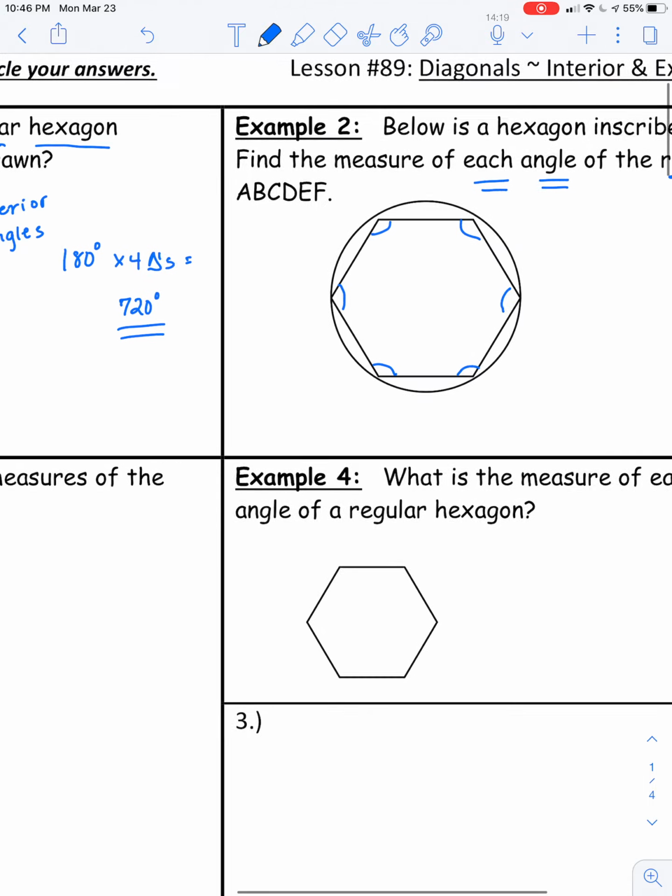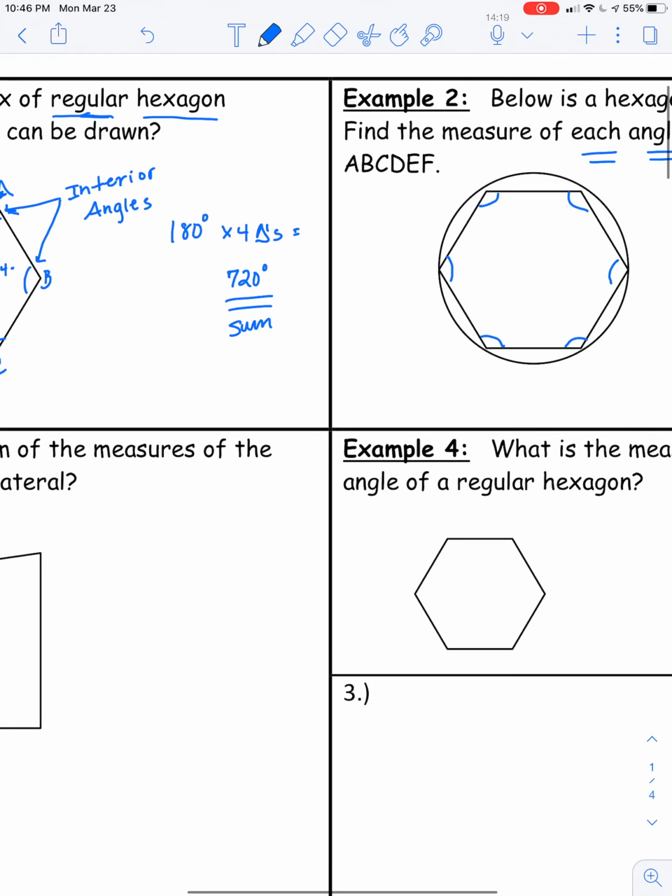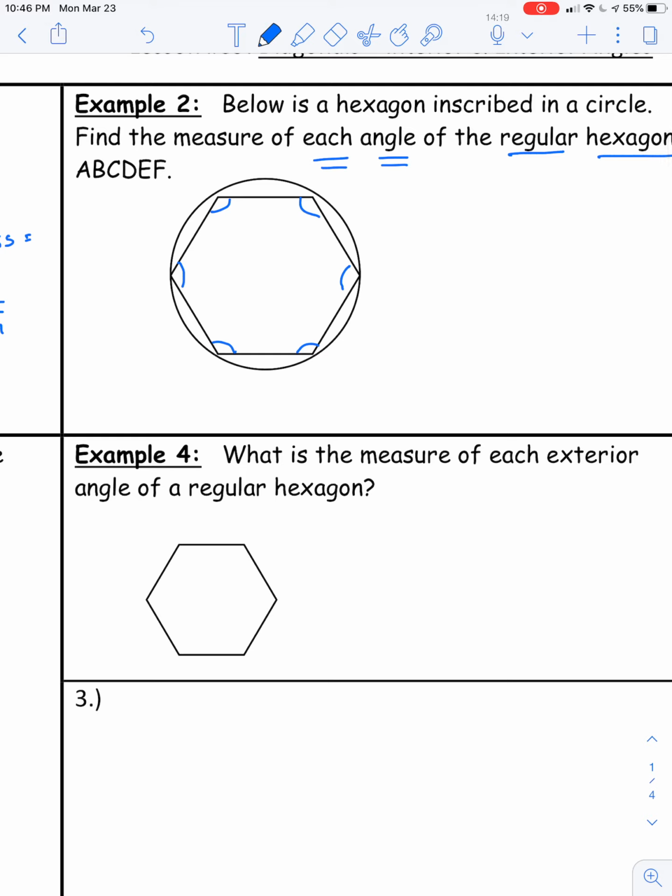And what did we say in example 1? Let's go back over here. In example 1, we said this is the sum of all the interior angles in our hexagon, totaled 720 degrees. So if all of these angles total 720 degrees in here, that's our total, then what is the measurement of each one of those angles? We have 6 of them, don't we?